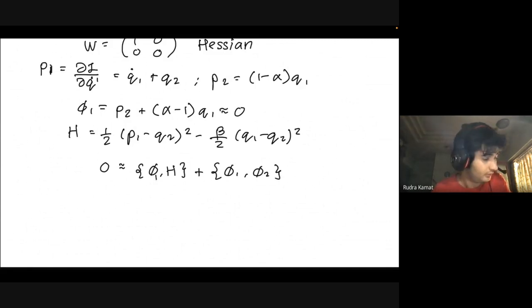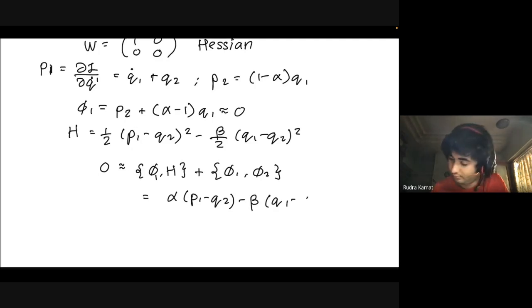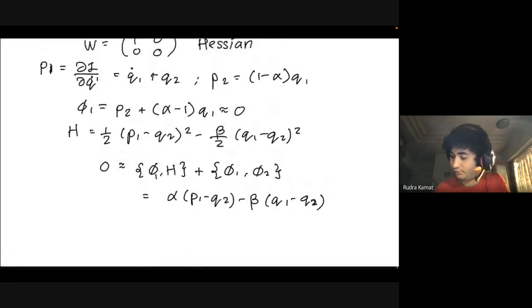This is phi 1. Since we have just that one constraint, we're going to have P1 minus q2 with alpha minus beta (q1 minus q2). Because there is no phi 2, the only one we have is phi 1, so that term just drops. And we end up with this.